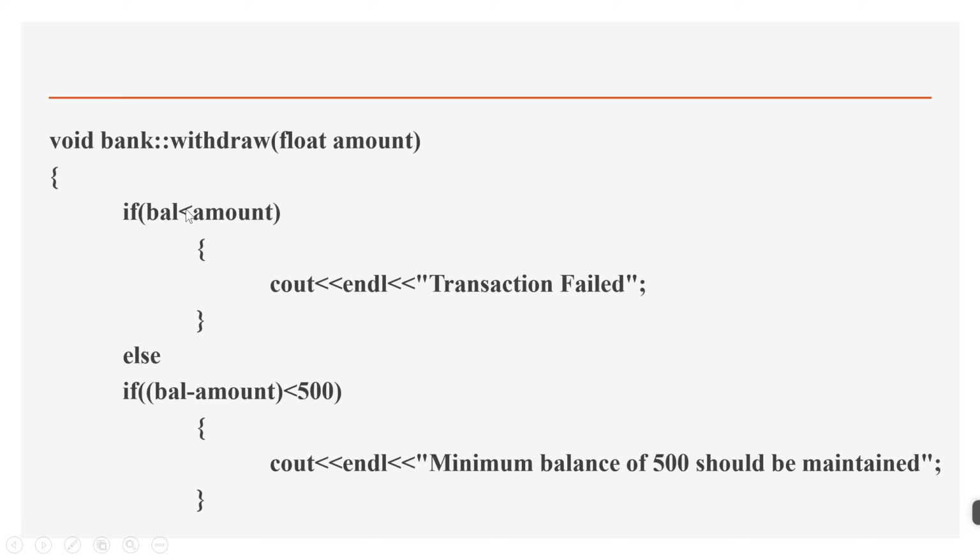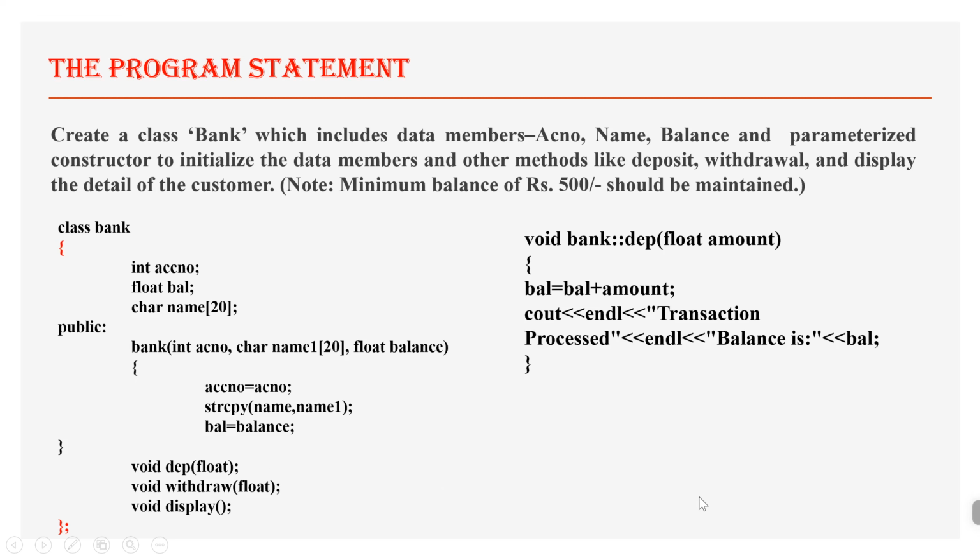If the balance is less than the amount, then you cannot do the transaction. If the balance minus amount is less than 500, you have to mention minimum balance should be 500. As mentioned in the problem, it says minimum balance should be 500. So that's what is mentioned here.